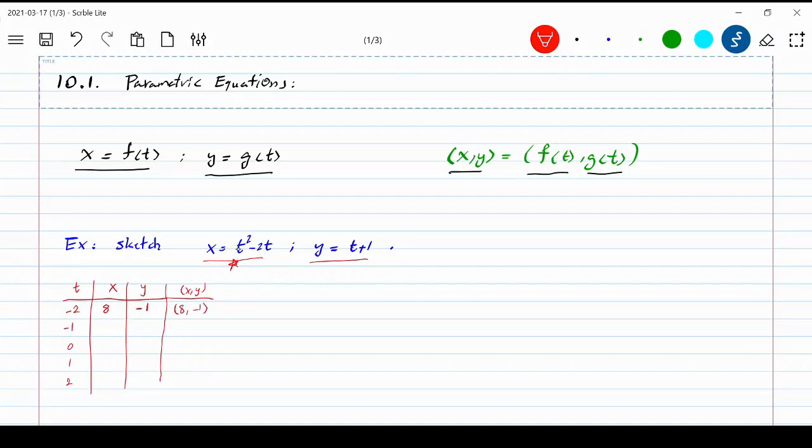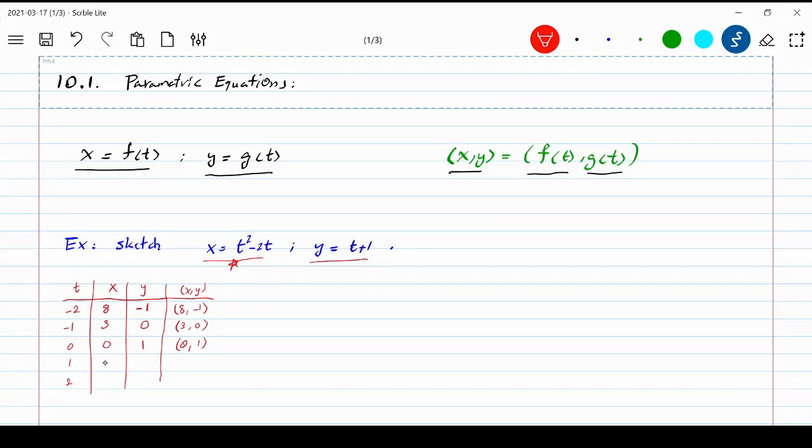Similarly, if you replace -1 for t, what you get is 3. And if you replace into the equation for y, we get 0. So we have 3 and 0. What if we replace 0? We get x to be 0, and y turns out to be 1. So you get 0 and 1. And you can continue, pick more points.